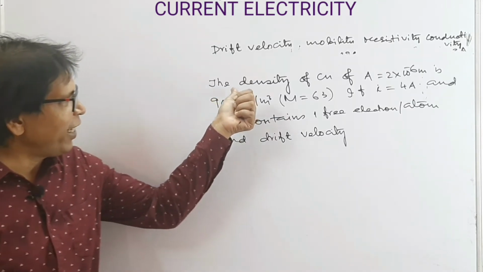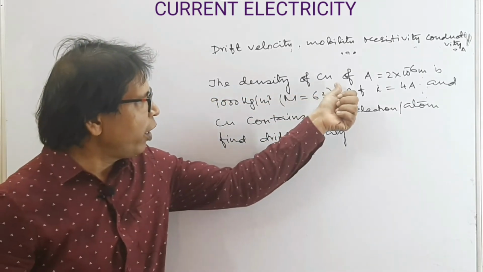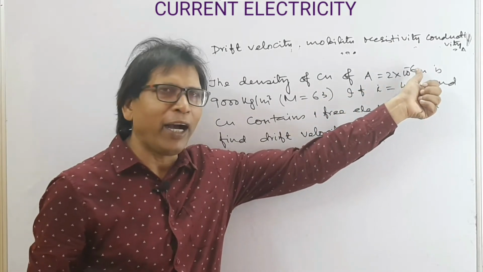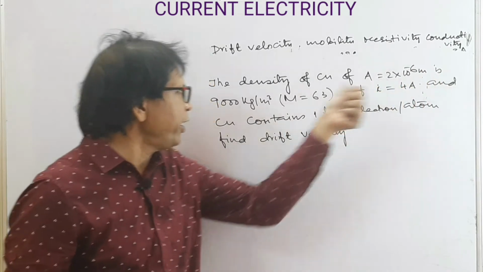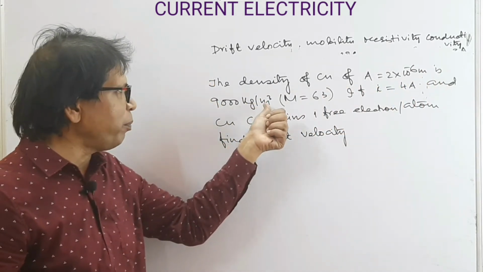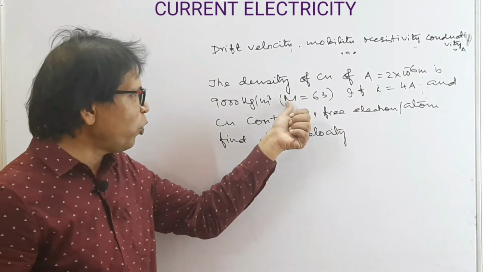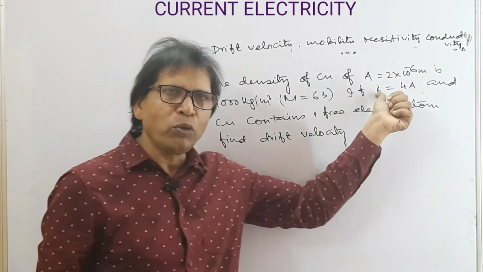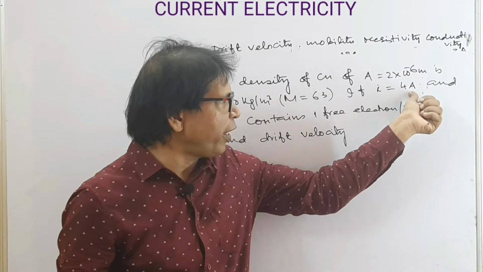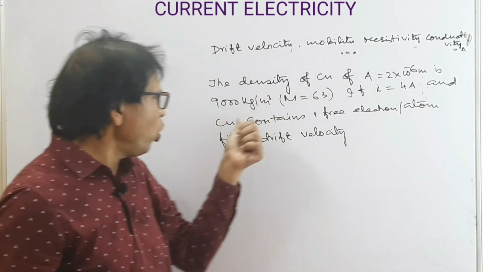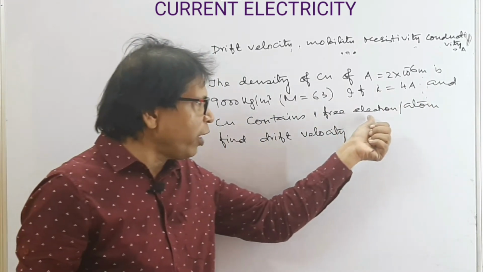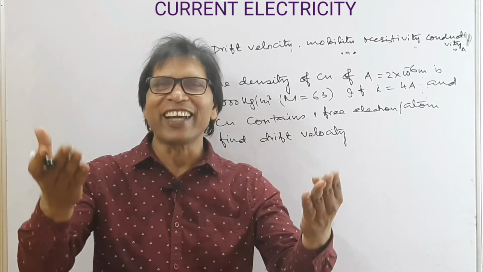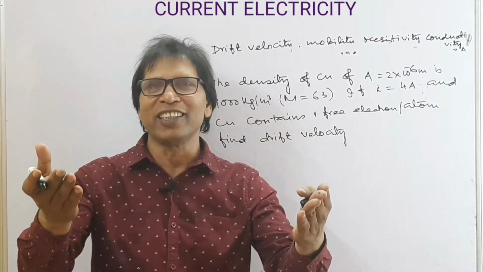Now look at this. The density of copper of area cross section 2 into 10 to the power minus 6 meter is 9000 kg per meter cube. Molecular weight 63. If current flow through this is 4 ampere and copper contains 1 free electron per atom, we have to calculate the drift velocity.